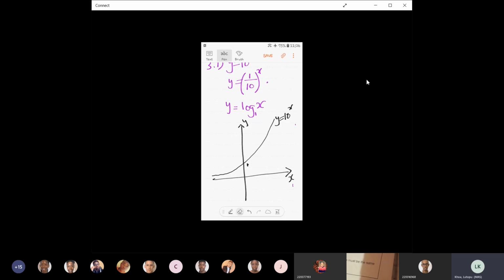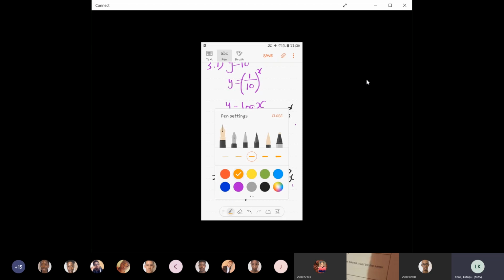Then this one here, 1 over 10 to the power of x, we said it's a reflection of 10 to the power of x along the y-axis. So it's like my y-axis is my mirror. Then everything I have here, I must reflect to this side, and it must be symmetric and look like a reflection. So I will use orange here.